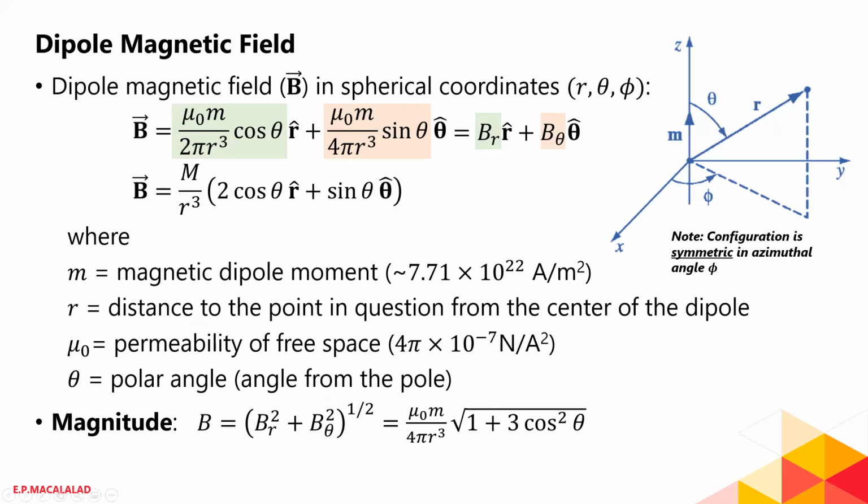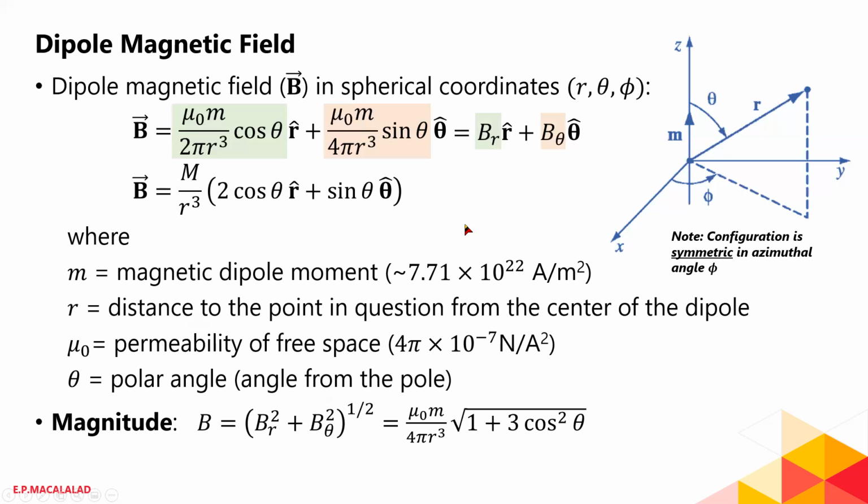So this is our denominator. And then mu naught is 4 times pi times 10 to the negative 7. And then we multiply it with m, so that's 7.751 times 10 to the 22. And then we divide it with 4 pi r cubed.